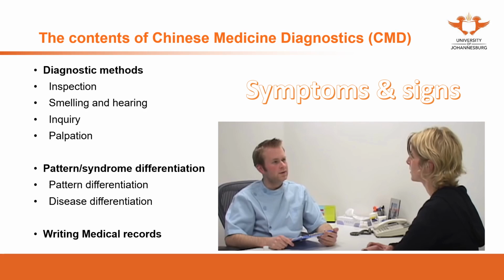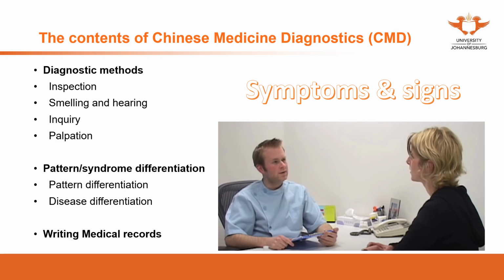Symptoms are the discomfort that the patient will tell you. Signs refer to the abnormalities that the doctor sees in the patient, such as the tongue or abnormalities of the physical organs. So those are signs.